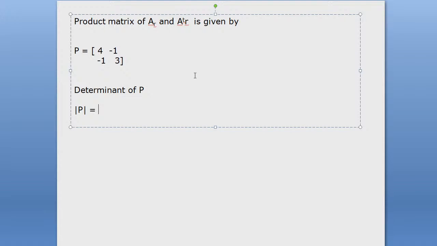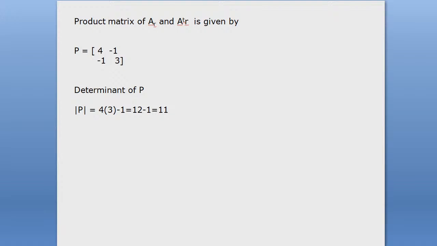The total number of possible trees is 11 for this incident matrix.